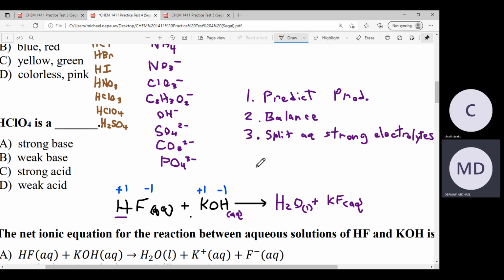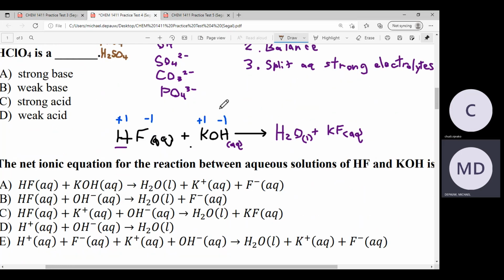Okay, so we can now go ahead and split everything apart. So I split it up into its component ions. On this side, HF does not split up, so I will keep that together. And then I'm not going to bother writing the phases at the moment. KOH does split apart, so I'll put a K plus.